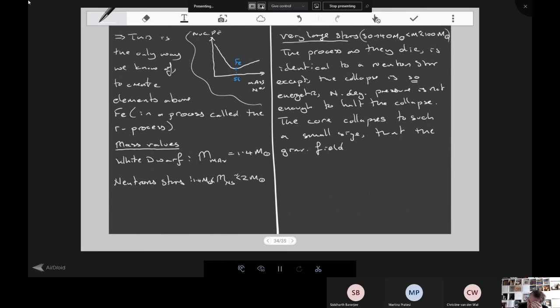And so the core collapses to such a small size that the gravitational field becomes enormous, and so large that not even light, I wrote the word light there, can escape. Now we call it, of course, a black hole.